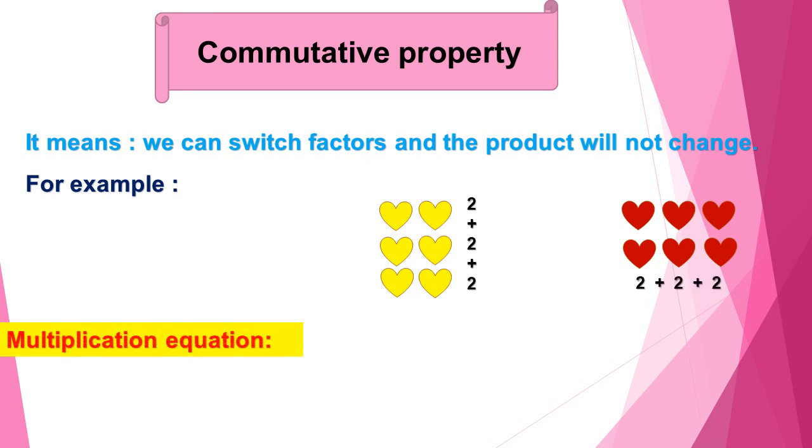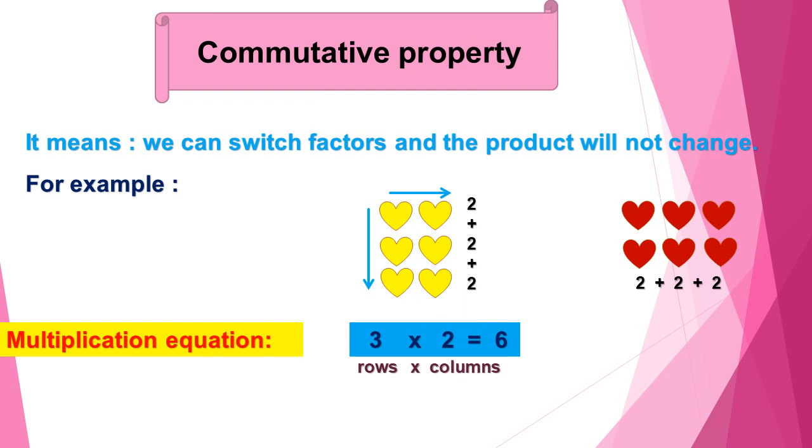To write the multiplication equation of the first array, we write number of rows times number of columns. We have here 3 rows and 2 columns. Then we write 3 times 2 equals 6.